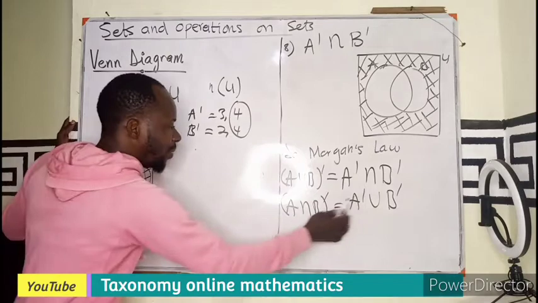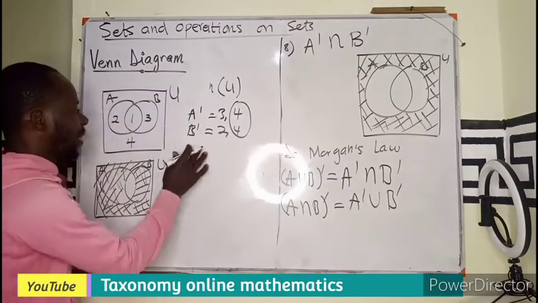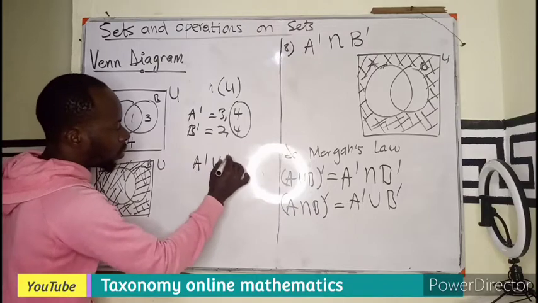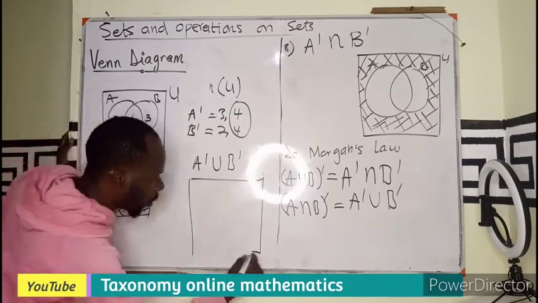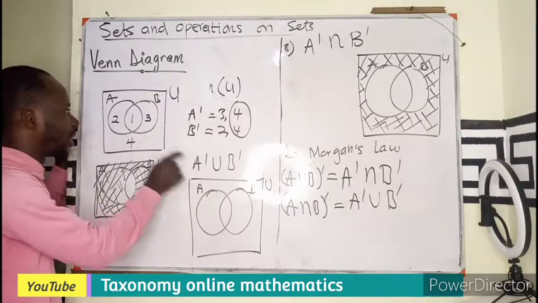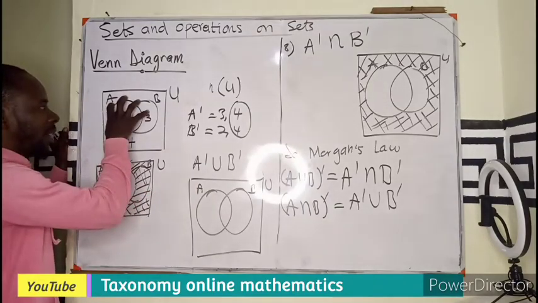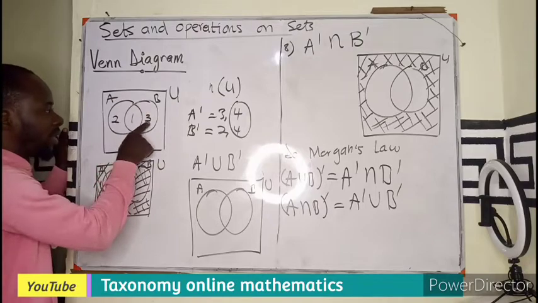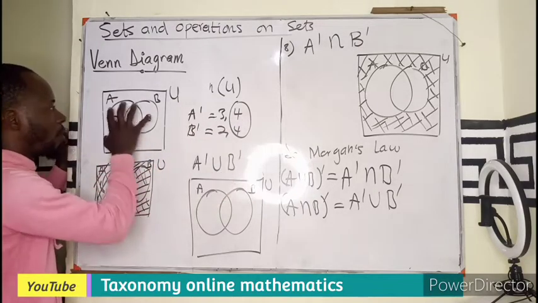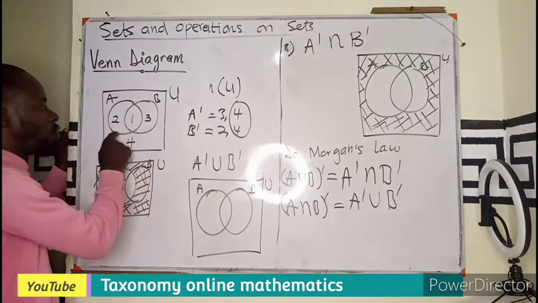Now, let me also have the set A complement union B complement. Don't forget, if we are referring to A complement, we said earlier that A complement will be region 3 and 4. Then B complement is going to be region 2 and 4.